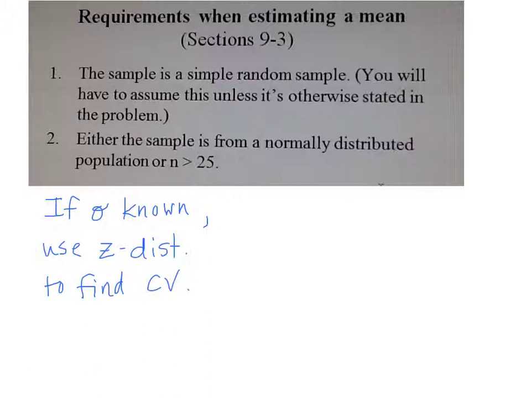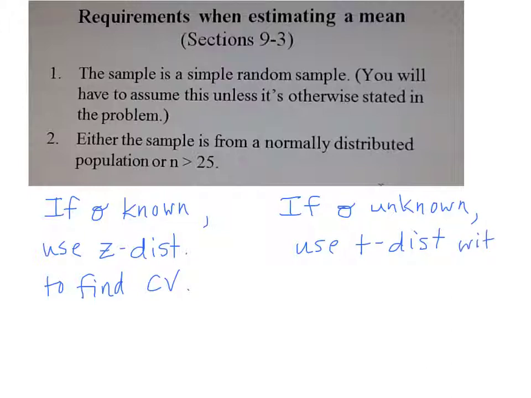But most likely, sigma is not going to be known, because why would you be estimating the mean if you didn't know sigma? So if your population standard deviation is unknown, then you're going to use what's called the T distribution. It's another bell-shaped curve that is a better estimate when you don't know sigma for your critical values.